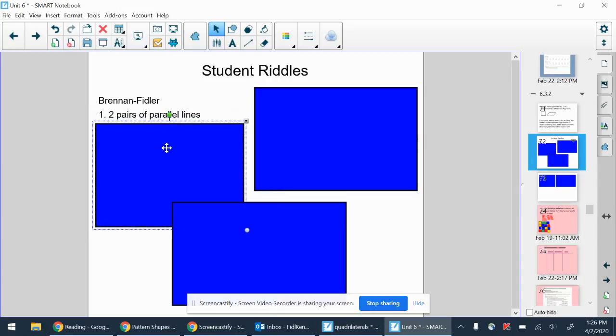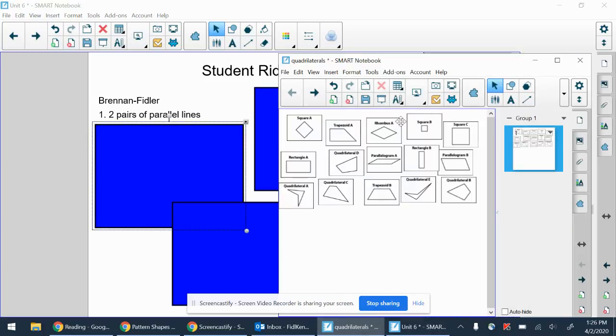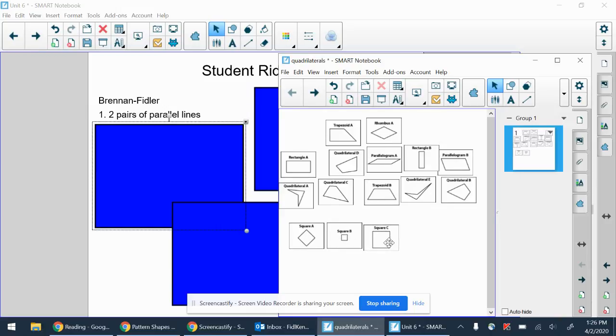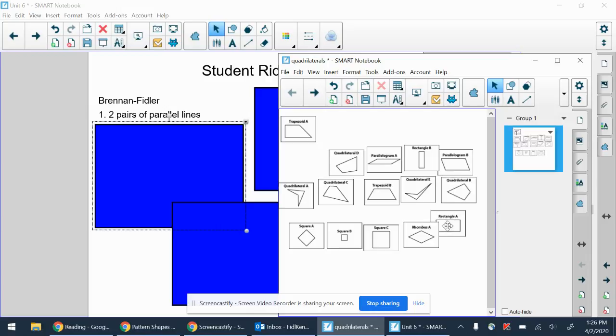All right. So his first clue he gave us was that his quadrilateral has 2 pairs of parallel lines. If I look at all of these quadrilaterals, I know that squares have 2 pairs of parallel lines. So I'm going to bring all the squares down. And let's see, if I go shape by shape, trapezoids, nope, they only have 1. Okay, rhombuses have 2.